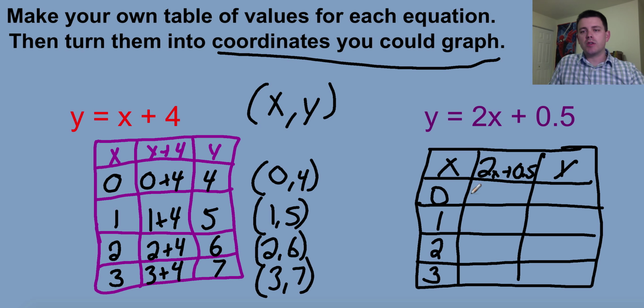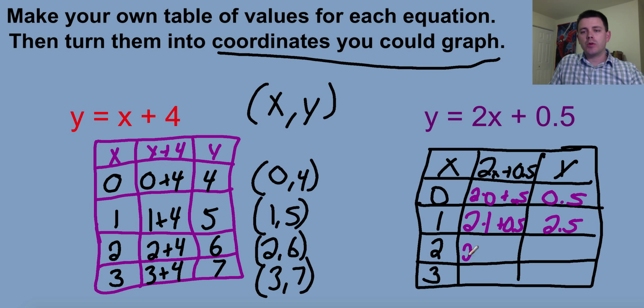So I put in 0 for x. So 2 times 0 plus 0.5. Well, 2 times 0 is 0, plus 0.5 is 0.5. Think about it like money. You're just adding 50 cents on. Plug in a 1. 2 times 1 is 2, plus 0.5 is 2.5.